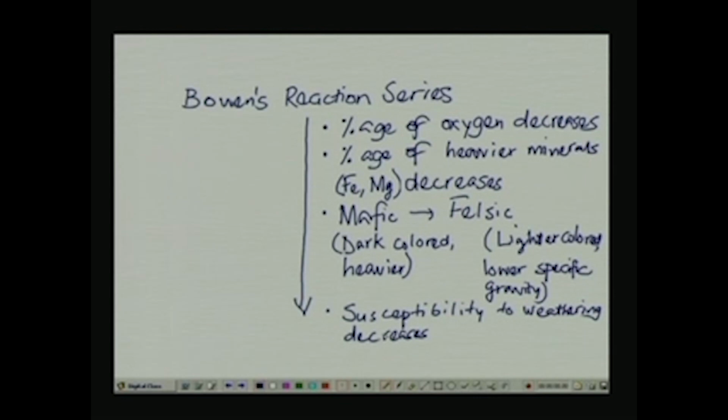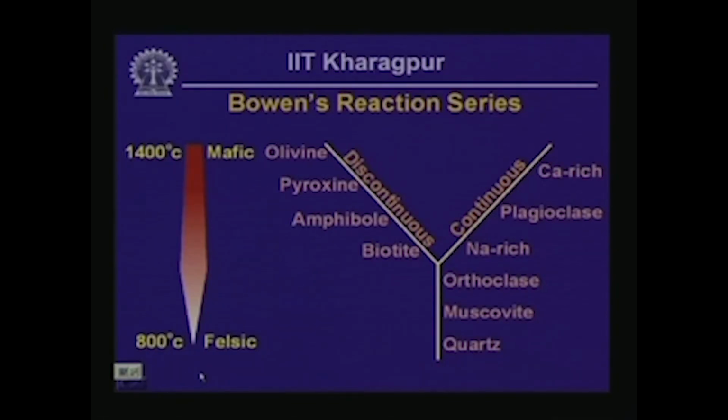So, this is a very powerful concept then, and that helps us also to understand the rock forming process out of crystallization of partially molten matter, the chemical transition and some of the weathering characteristics as well. Okay.